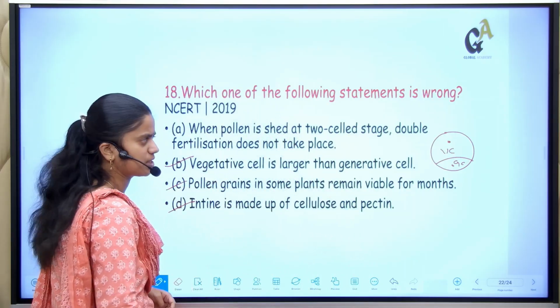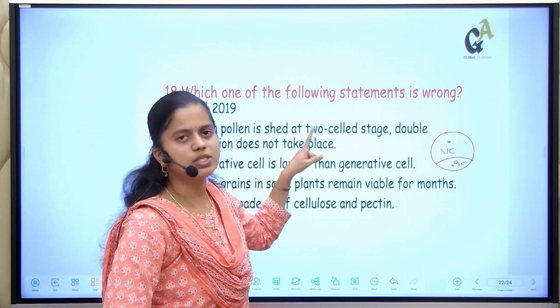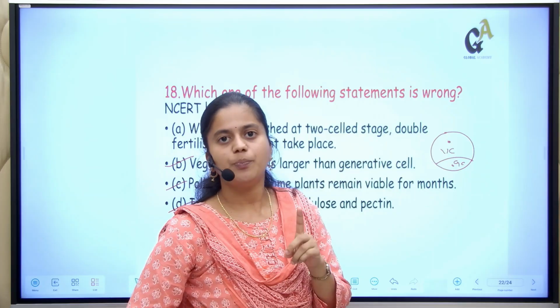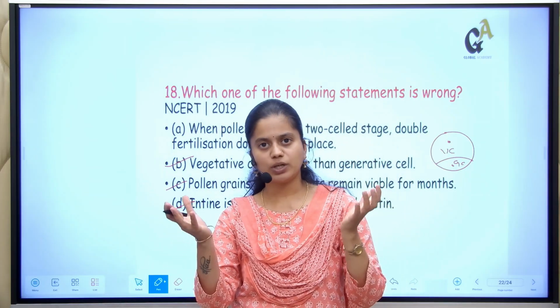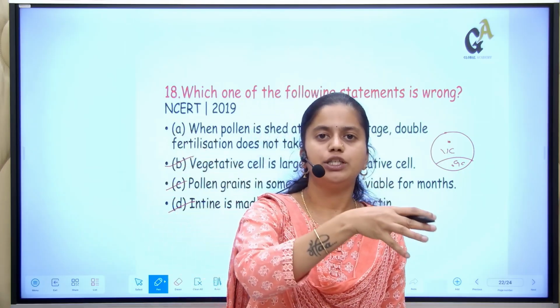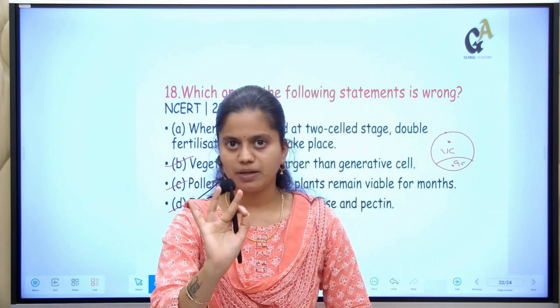So all these options are correct, but what they have said is that if the pollen grain is shed at the two-celled stage, even then, as soon as the pollen grain enters the pollen tube, the generative cell undergoes division and it becomes a three-celled stage.